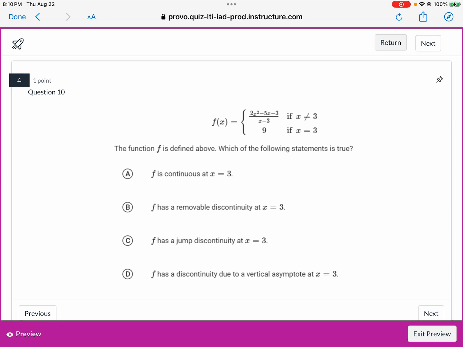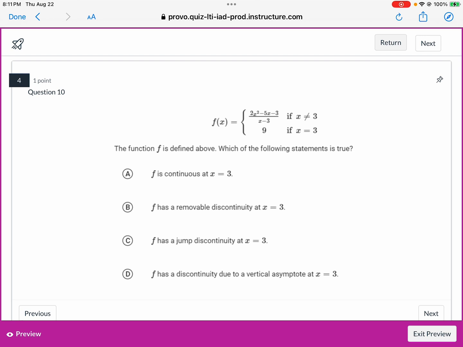Now, I guess you can also consider that it still could be continuous at x equals 3. But again, you would have to see if you can factor that numerator, cancel it out, and if you were to plug in 3 into that function, whether it would be equal to 9, as it is in the second piece of this piecewise function, then it should be continuous.